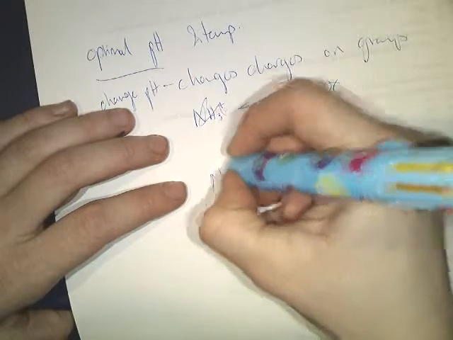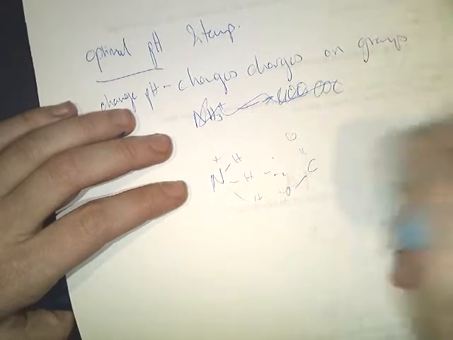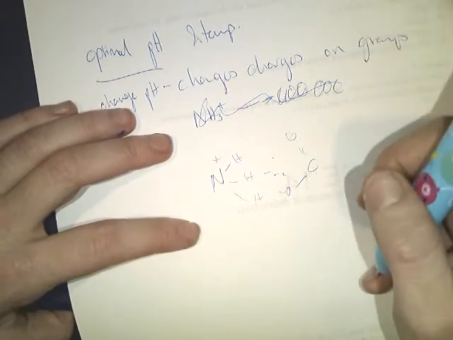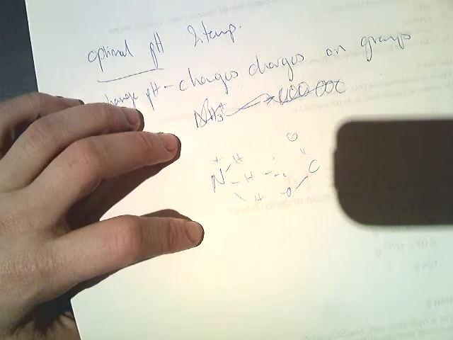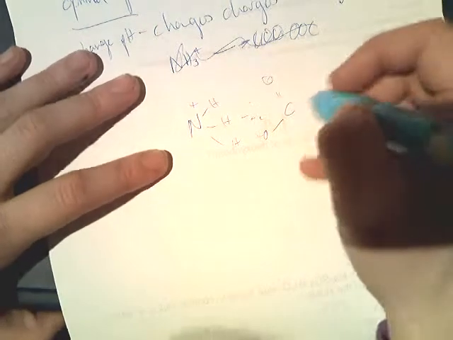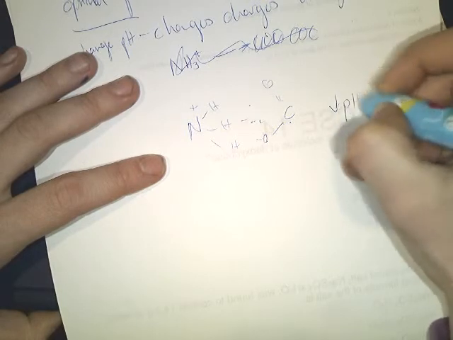Draw that out better. Okay, we have an ionic bond between them. Now that is a strong interaction, but if you change the pH, let's say that we decrease pH, we may protonate this group and keep that protonated.